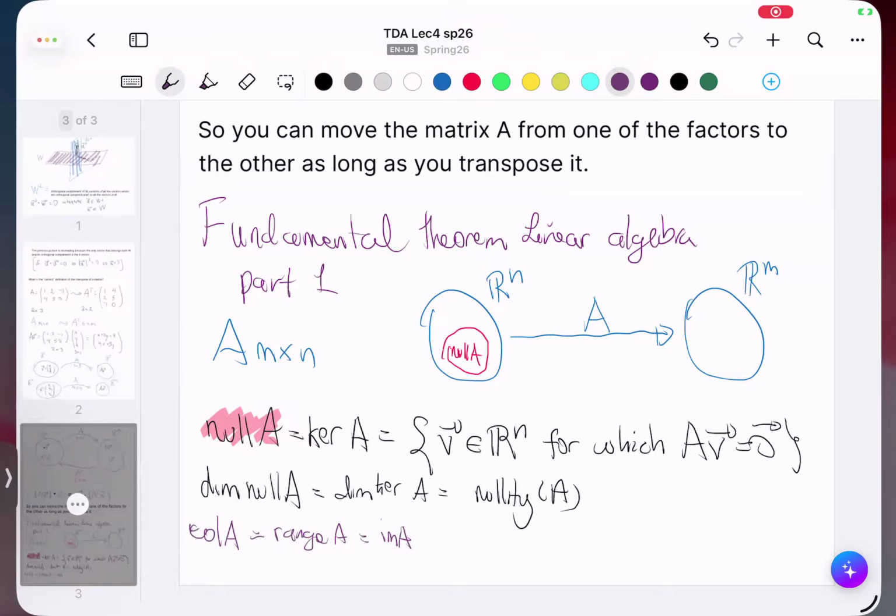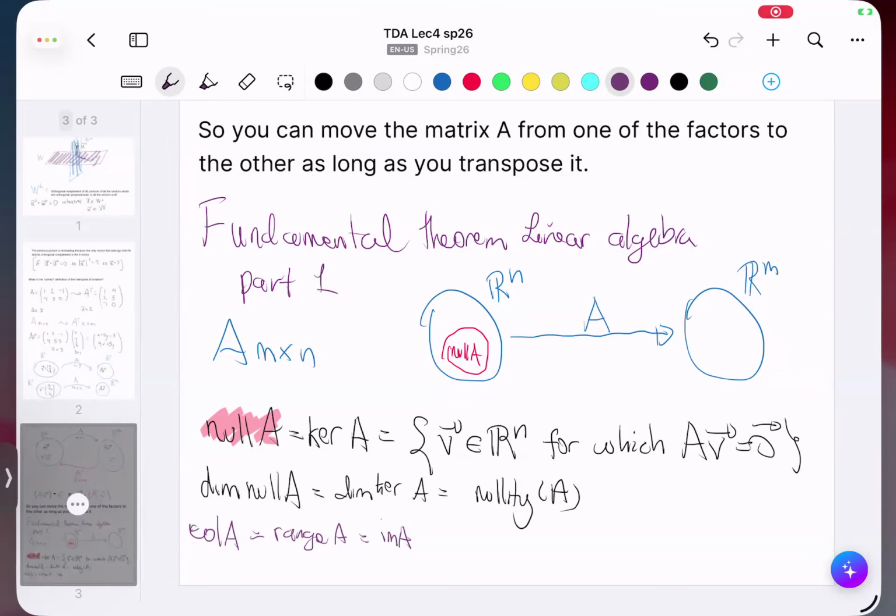If you can work out the different interpretations of matrix multiplication, when you write a system as AX equals B, if this system could be solved, what that meant is that the vector B is a linear combination of the columns of A. That was one of the interpretations of matrix multiplication.